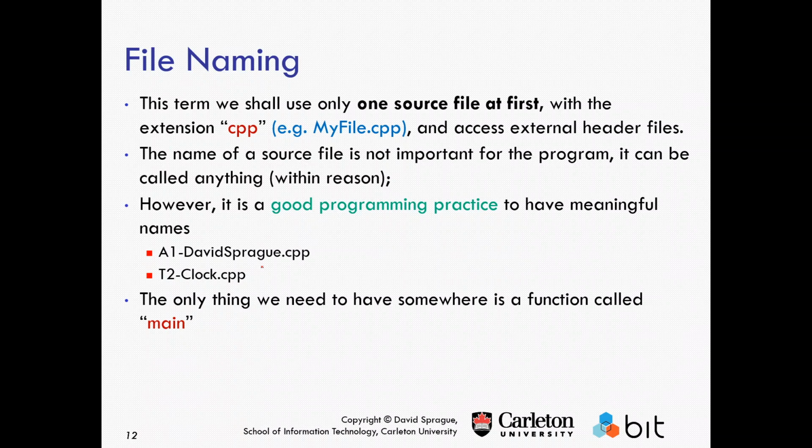Just because it has a .cpp at the end does not mean it's a C++ file. It could be just a C file that has a .cpp. Visual Studio defaults to naming everything .cpp, whether it's C or C++. So the CPP stands for C++, in case you didn't realize that. You can call it .c, you can call it .cpp, I don't care.